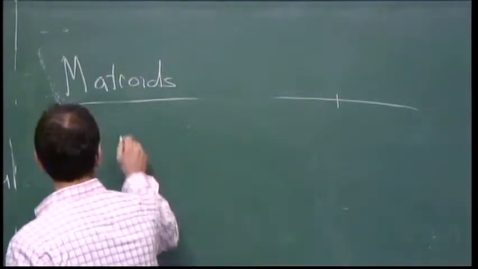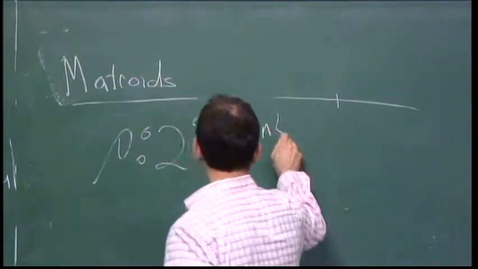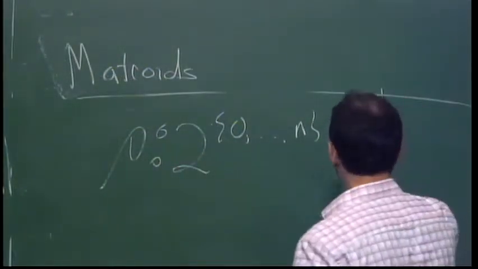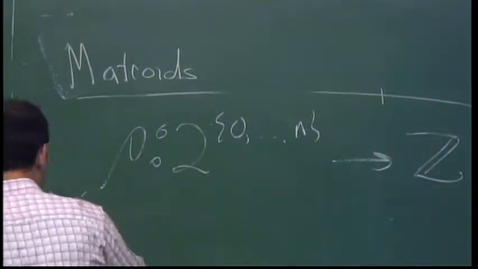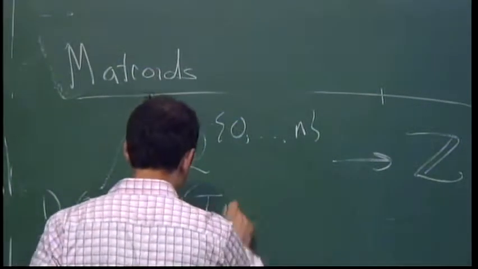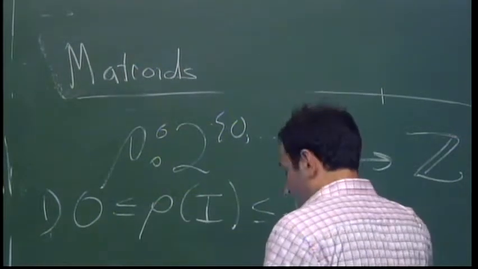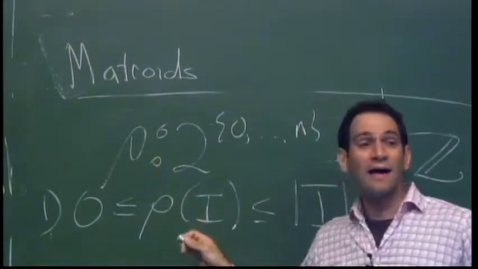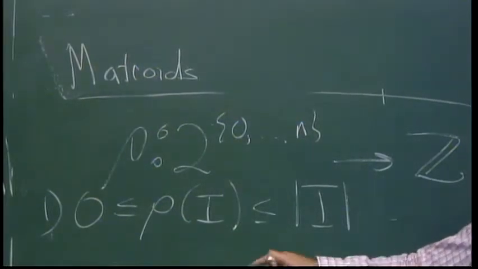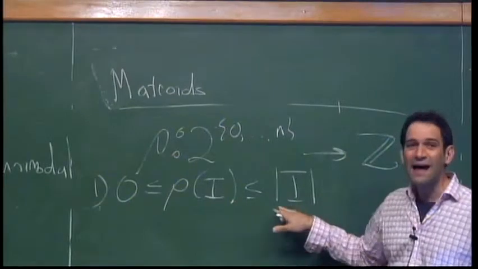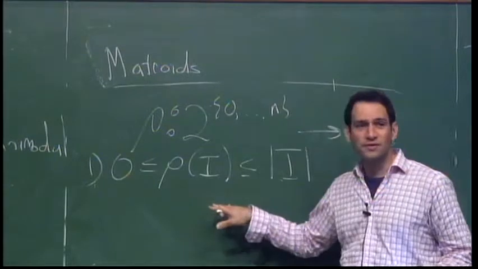So the matroid is a rank function from subsets of the set of integers from 0 to n to the integers, satisfying the following properties. The rank of a set lies between 0 and the set's cardinality. Remember, rho I for a vector space was the codimension of the corresponding coordinate subspace. So here I impose cardinality of I conditions, and I expect it to cut down the dimension by, at most, cardinality of I.